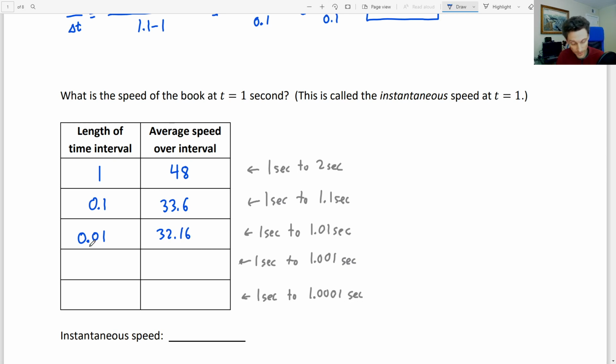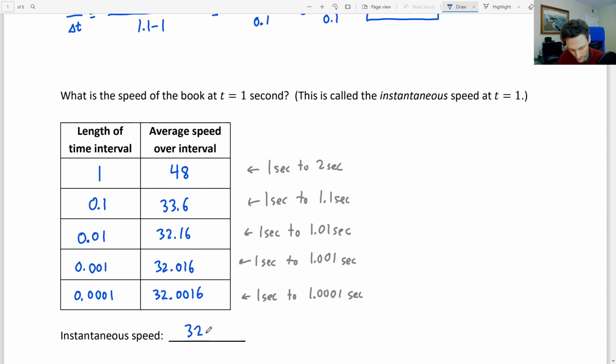Okay, so when the time interval is 0.01 seconds, then we get 32.16 feet per second, it turns out, if you calculate all the same stuff that we calculated above. For a 0.001 second time interval, we've got 32.016 feet per second, and you can start to see what's going on here. What does it look like the average speeds are approaching as our time interval shrinks down closer and closer to 0?